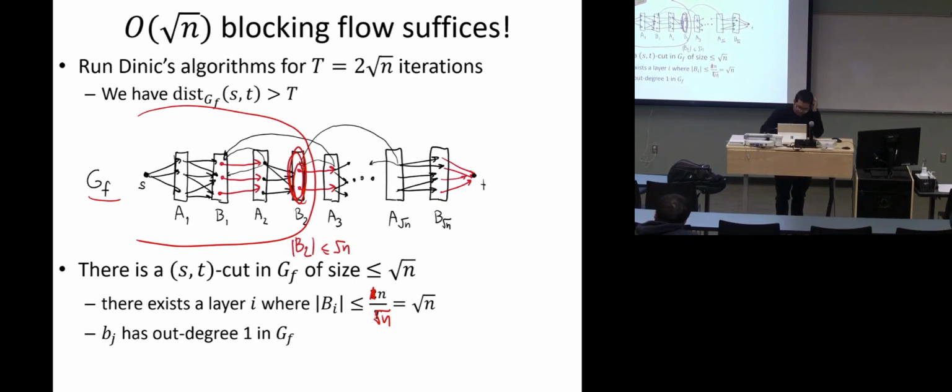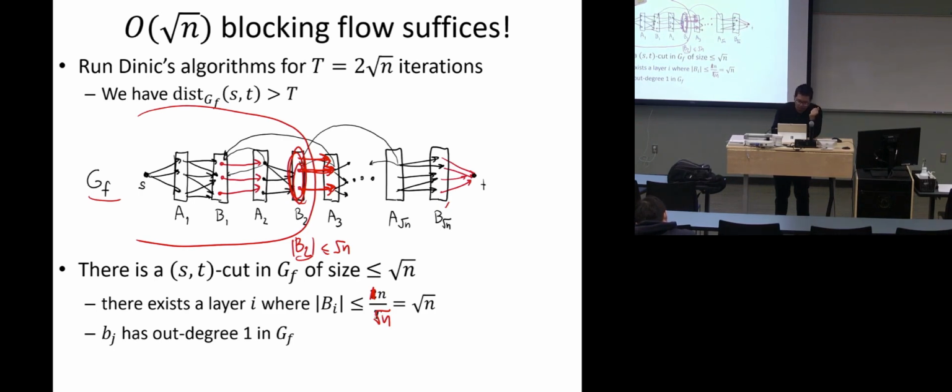But I know that the out degree of each node in it is just 1. So the number of edges crossing this cut in the forward direction is just the size of B2, which is root n.